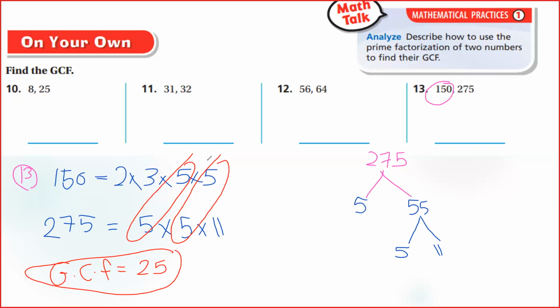For the least common multiple, I write all the factors, circle the common, then take the non-common, so I write the common and the non-common. In the greatest common factor, I only write the common. That's it.